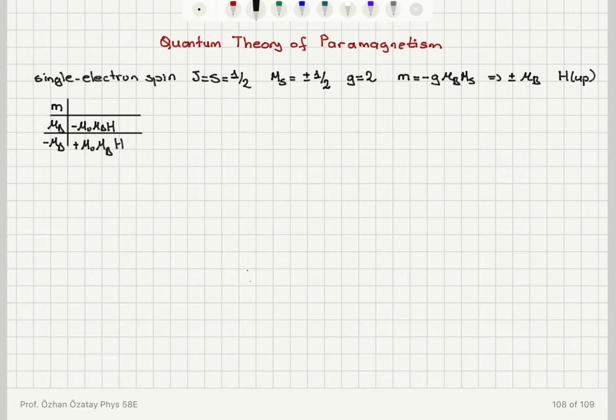So this will be the energy E of the system, and then corresponding to this I have to find the Boltzmann factor. So I will have e to the minus E over kBT, the Boltzmann factor.